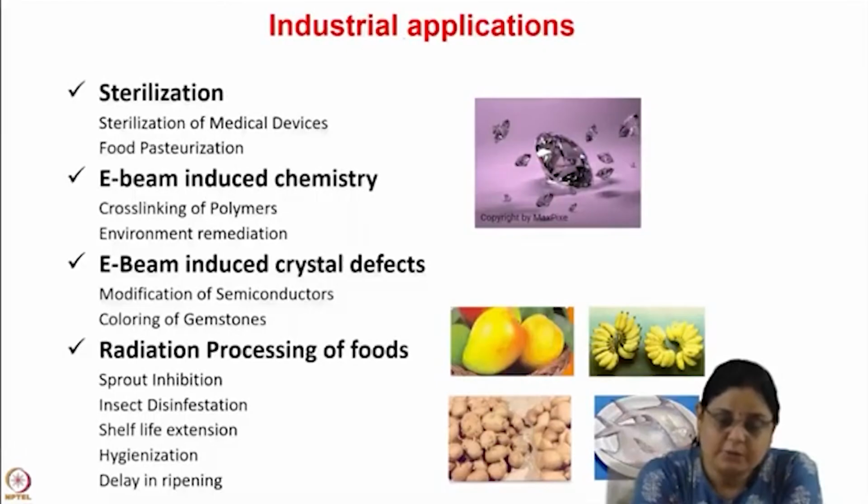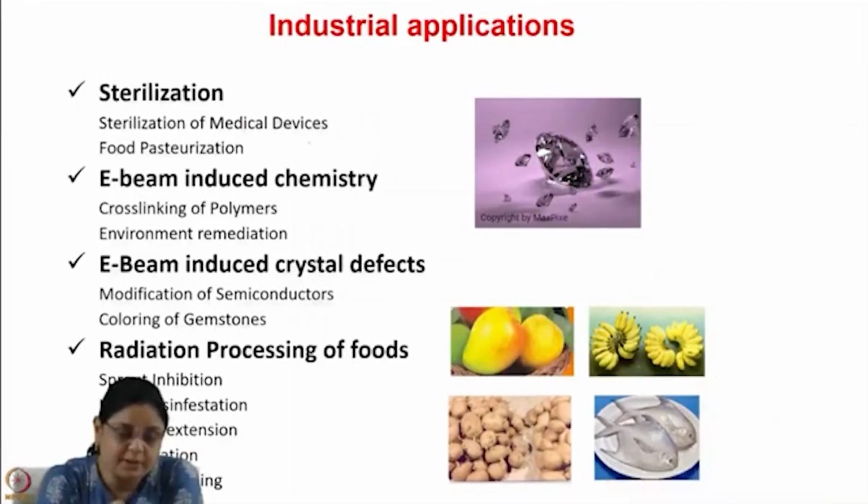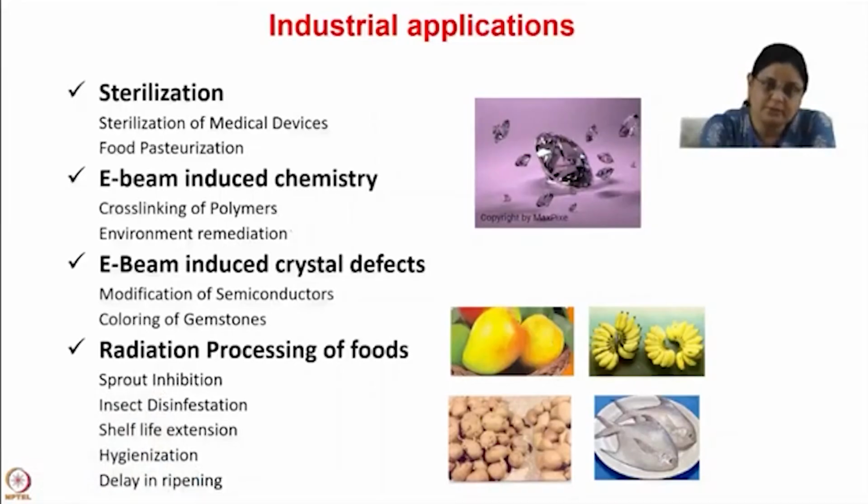Then there are lots of industrial applications: sterilization of medical devices, food pasteurization, cross-linking of polymers to improve their strength, and environment remediation, such as sludge water treatment to make it germ-free and bacteria-free.